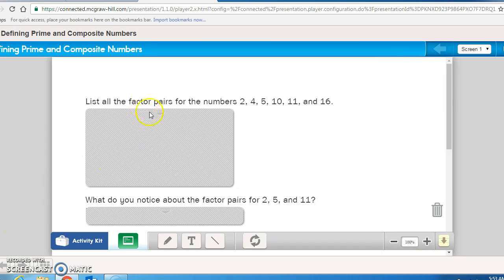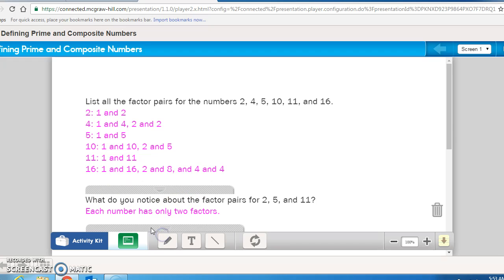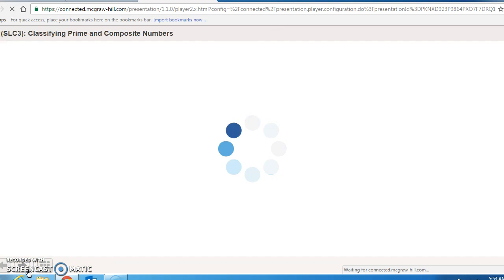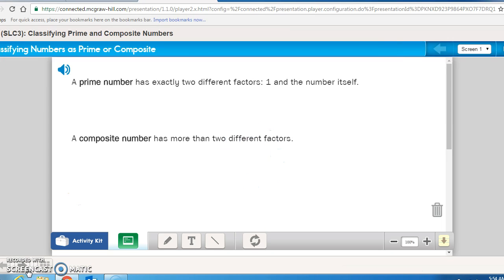So here once again are our factor pairs. And again, each number had only 2 factors. Your knowledge of factors and multiples will help you identify prime and composite numbers.